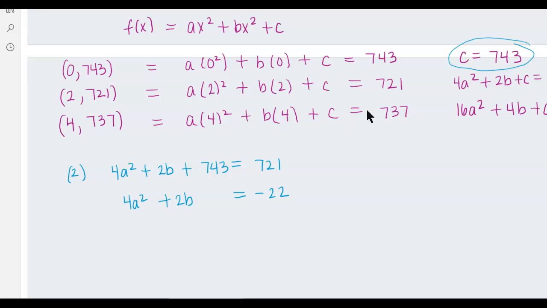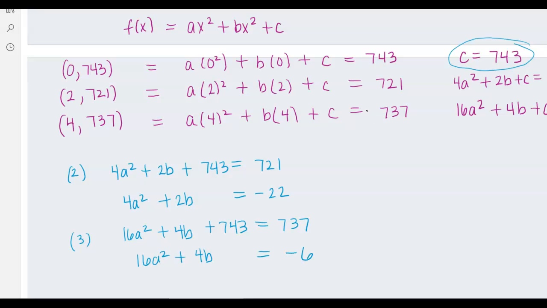And for equation 3, we have 16a plus 4b plus that 743 equals 737, or 16a plus 4b equals 737 minus 743, negative 6.